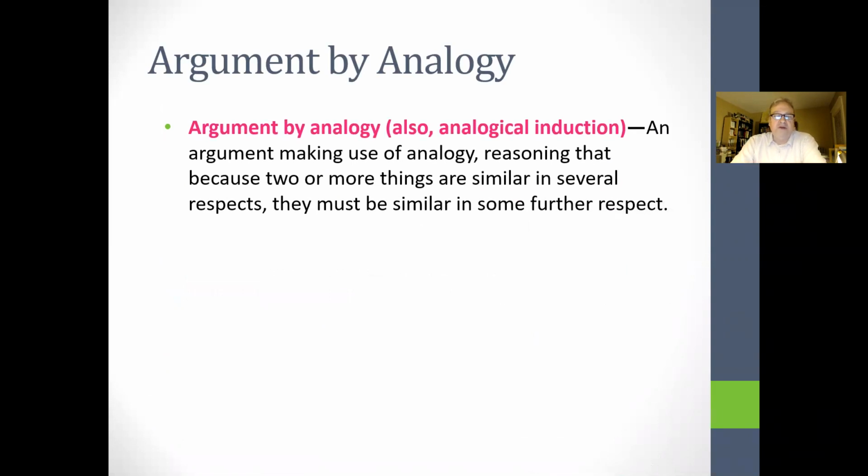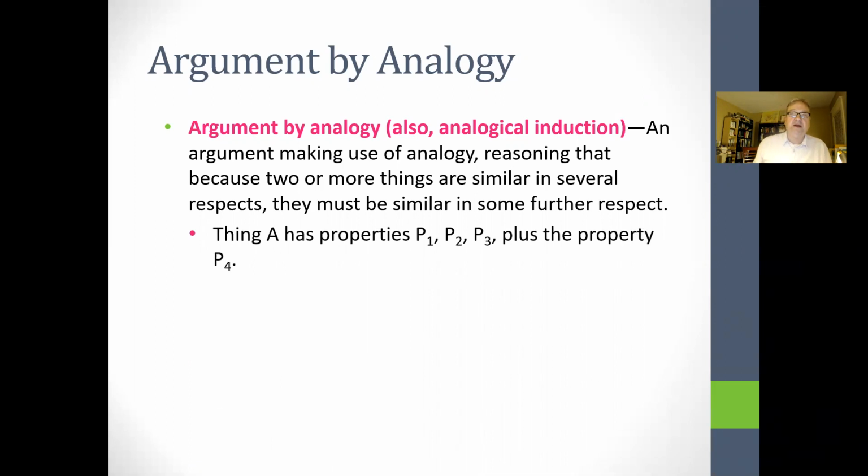Okay, remember, inductive arguments are arguments that have the pattern that if the premises are true, they lend support to the probability of the conclusion. Arguments by analogy make use of an analogy, which is reasoning that if two or more things are similar in some respects, they must be similar in some further respect.